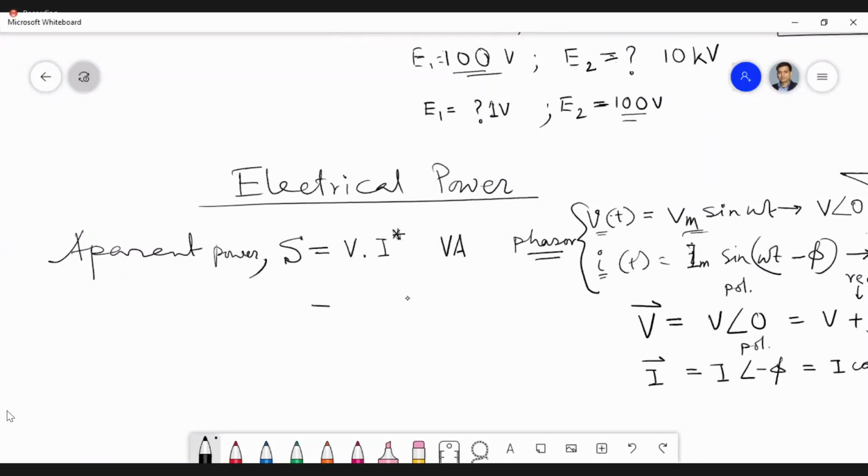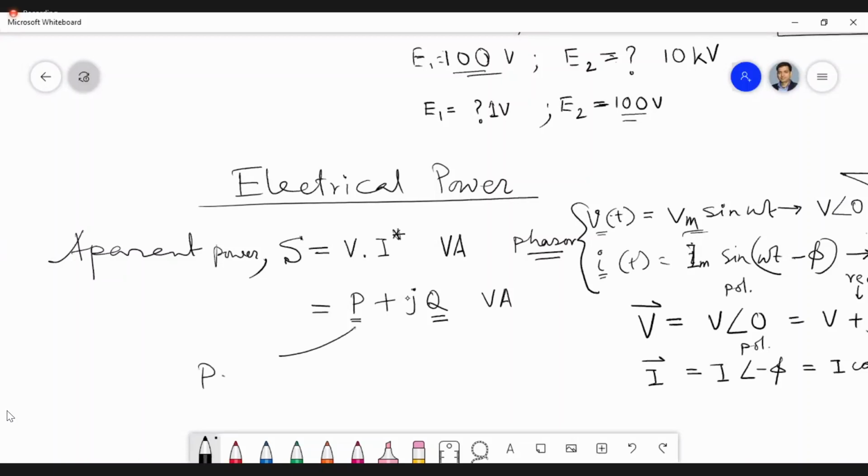As you can see, both the voltage and current are complex variables, so at the end we get another complex variable. P is the real part of that complex power, and Q is the imaginary part of that complex power.